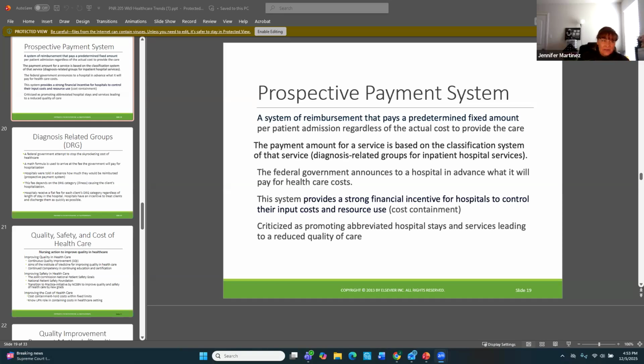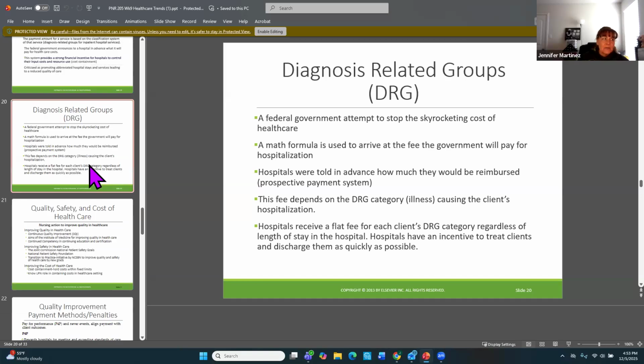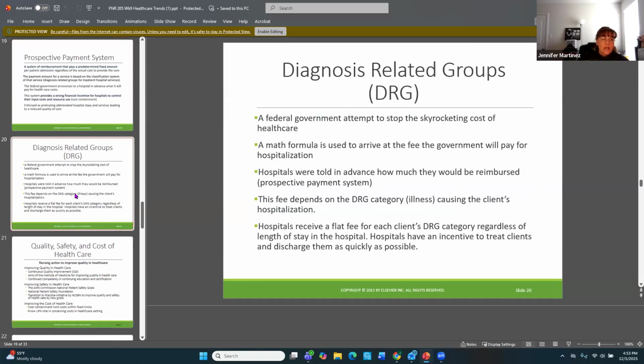So there are some issues that are going to fall into this. With that, we have our DRGs. And DRGs, like I said, are diagnostic related groups. We talked about them a little bit earlier. This is the government's attempt to stop the skyrocketing cost of healthcare. Just like we said with the prospective payment system, that PPS system is based off of the DRGs.